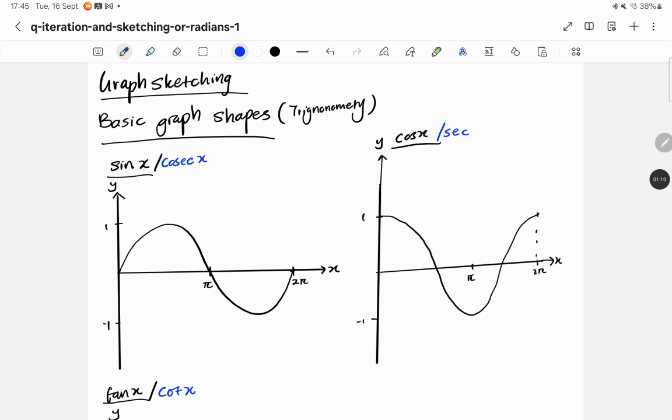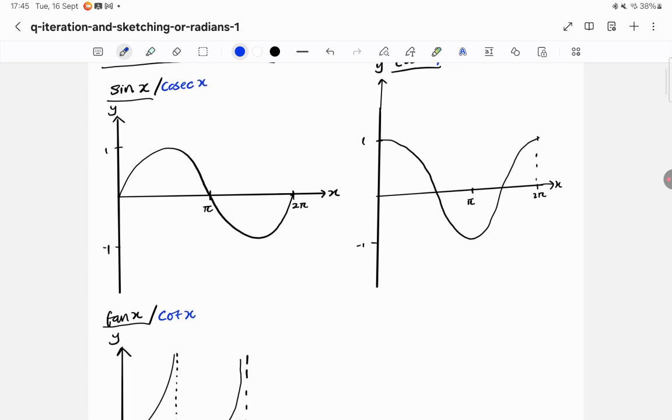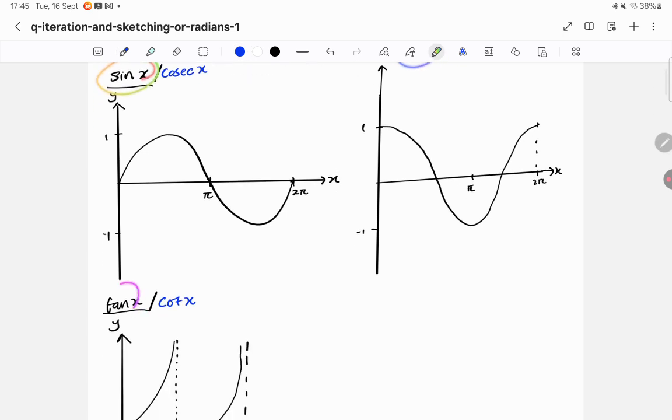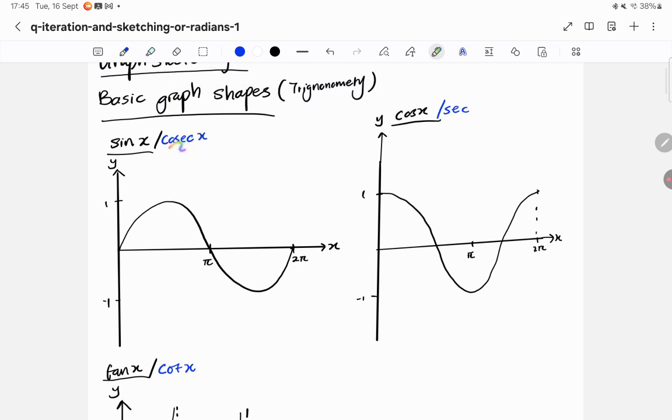Looking at our graphs, some of the main graphs they could ask you in CIE questions are definitely the basic trigonometric functions: sine x, cos x, and tangent x. However, they also frequently ask for the asymptote versions of these graphs.